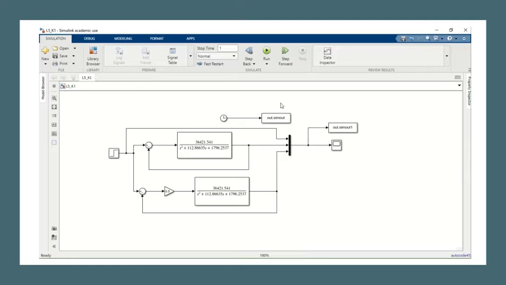After I am done with the diagram construction, we need to save. Then second, we need to run.